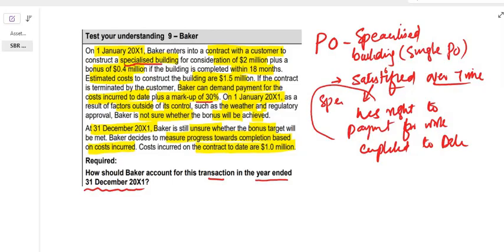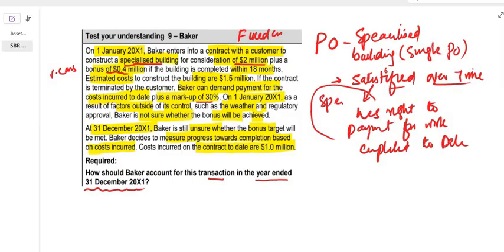Now let's talk about the bonus. If you see here, the consideration of 2 million is the fixed consideration, plus a bonus, and the bonus is variable consideration because it depends on the future, and it is not clear whether you will receive the bonus or not.